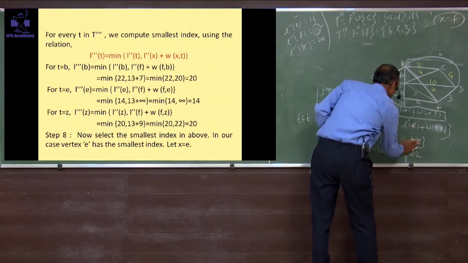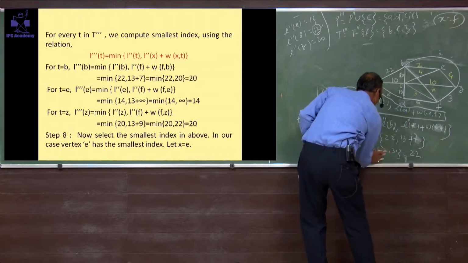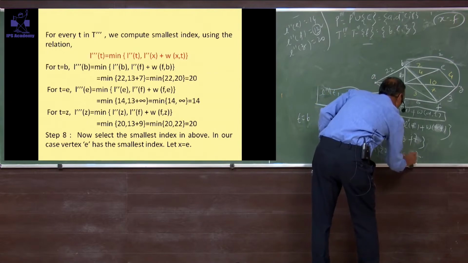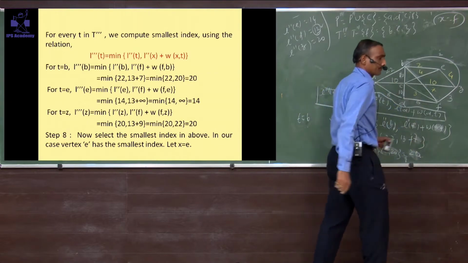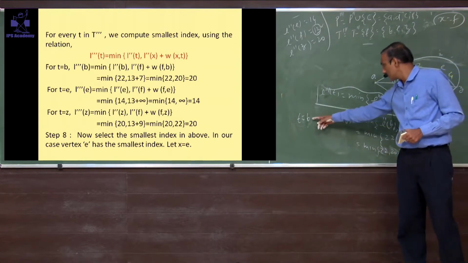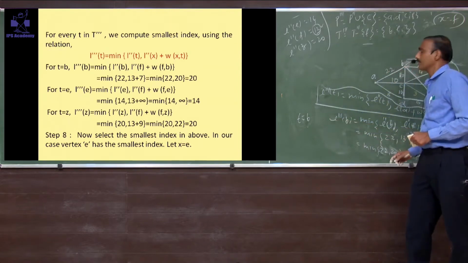So we put 7 here. The minimum of 22 comma 20 is 20. So the index of B in the third iteration is 20.